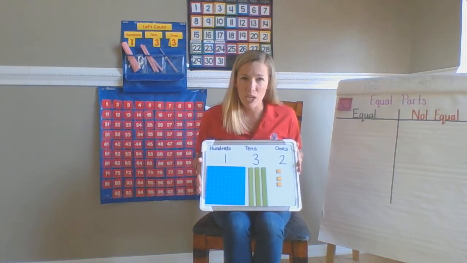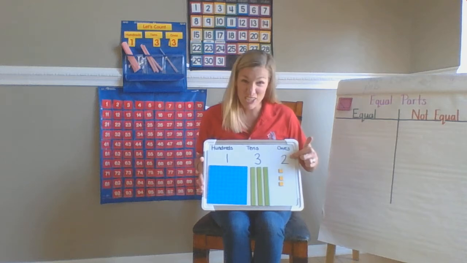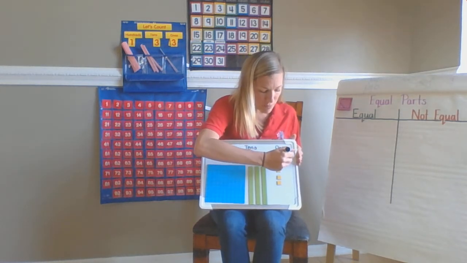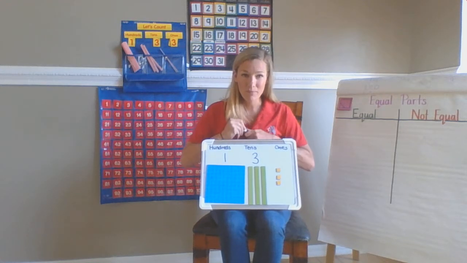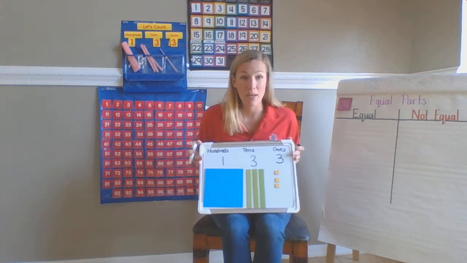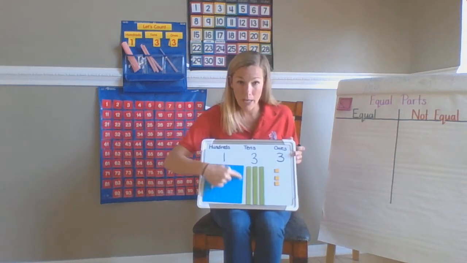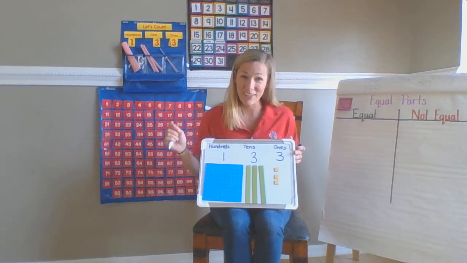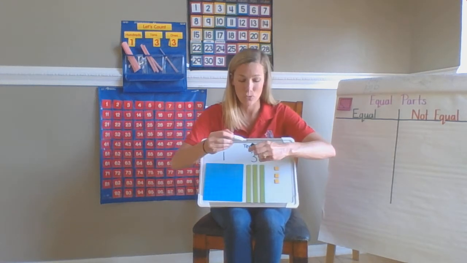But what am I going to have to change? I got to change this 2, don't I? Because it's not a 2 anymore. How many are in that place value now? 3. You got it. So let's see if we can read that number now. 133. Very good. That's how many days we've been in school.